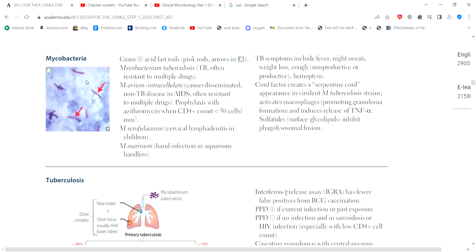So cord factor creates a serpentine cord appearance on virulent Mycobacterium tuberculosis strains, activates macrophages, promoting granuloma formation, and induces release of TNF alpha.